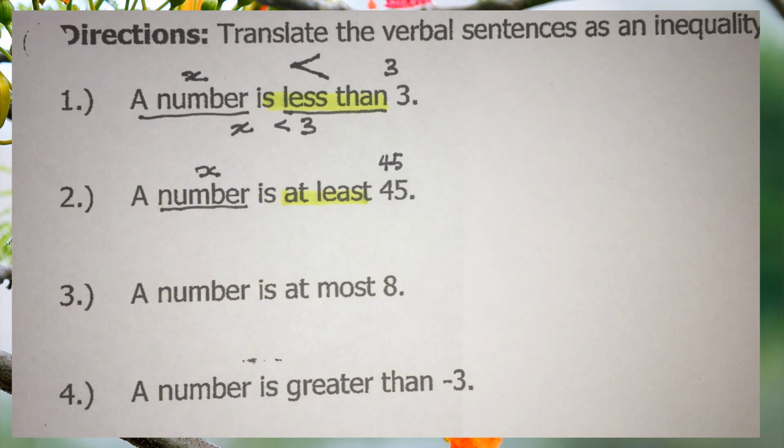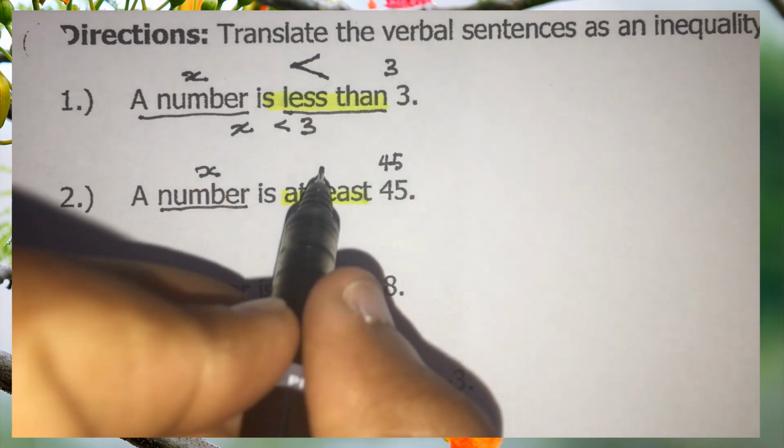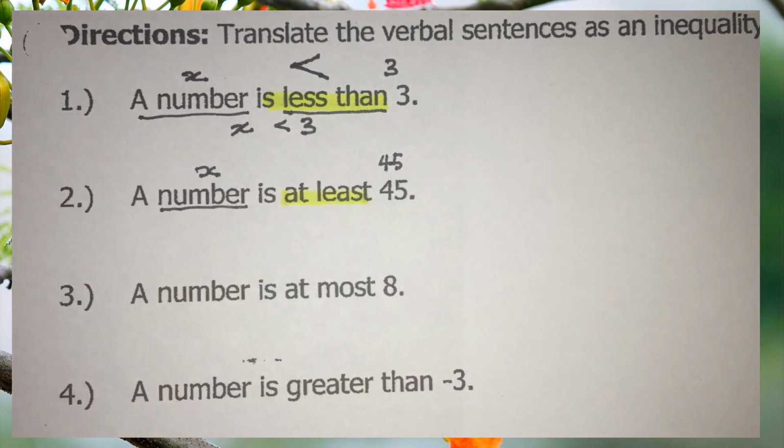It could mean it could be 45, or it could be 46. At least, the lowest it could possibly go is 45. So all the options that I could give should be greater than 45, or actually equal to 45.